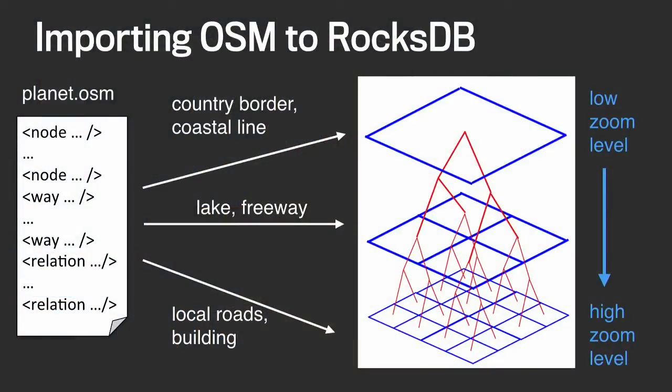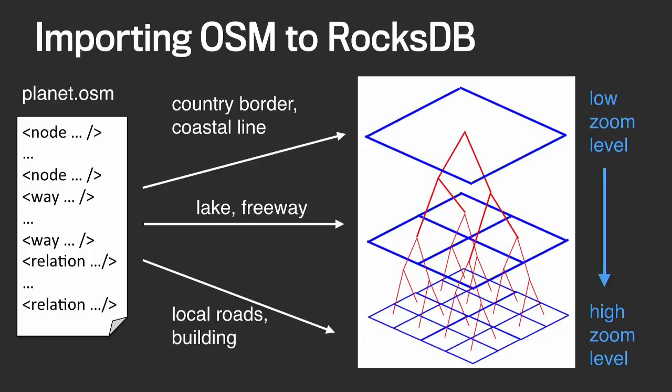And then in terms of how to import OpenStreetMap to RocksDB, at a very high level, this is what Igor mentioned earlier. We try to analyze the tags of all those 3 data types and see what their contents are. And then we try to insert them into different indices of this zoom level hierarchy to make sure it serves our needs.